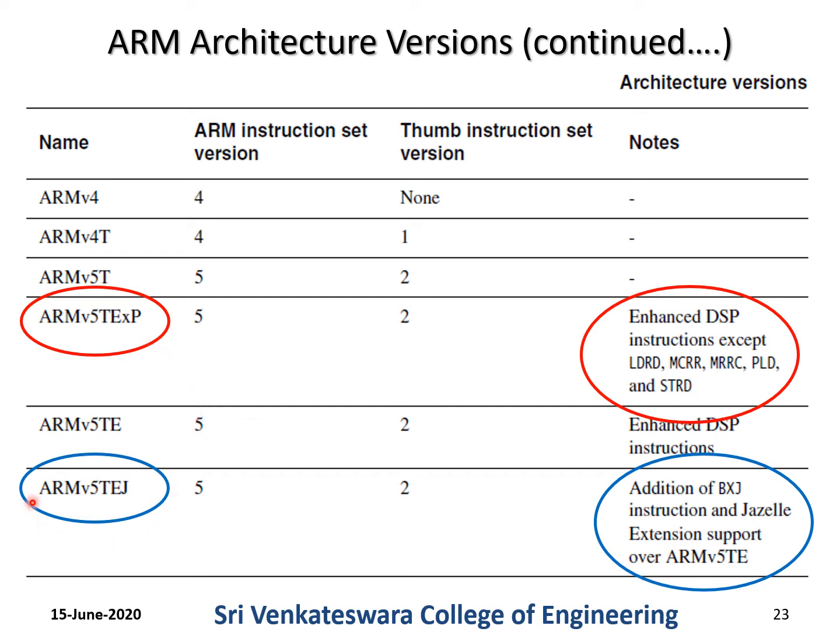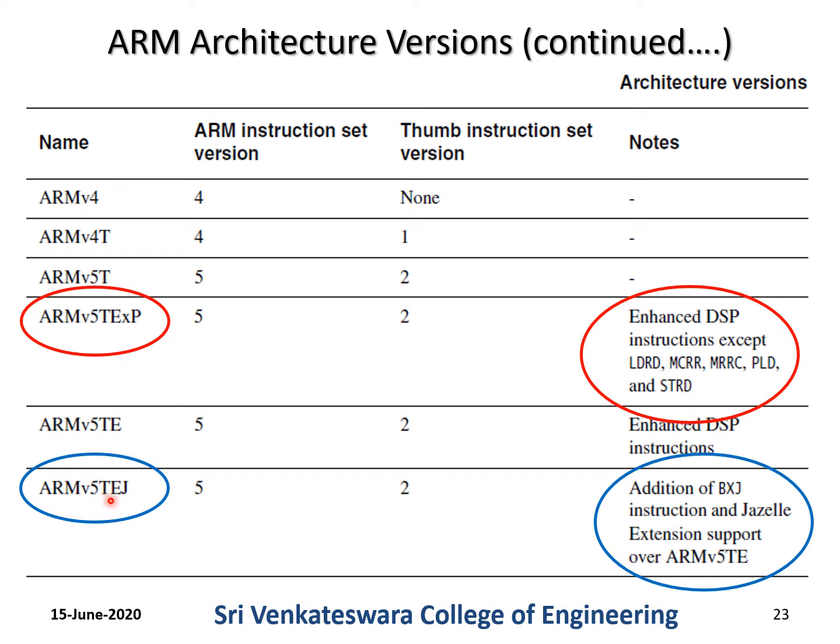Similarly, another processor, ARMV5TEJ, indicates that this is a version 5 ARM architecture. T indicates that it supports thumb instructions. We know that thumb instructions are 16-bit instructions. Usually ARM processors work on 32-bit instructions.